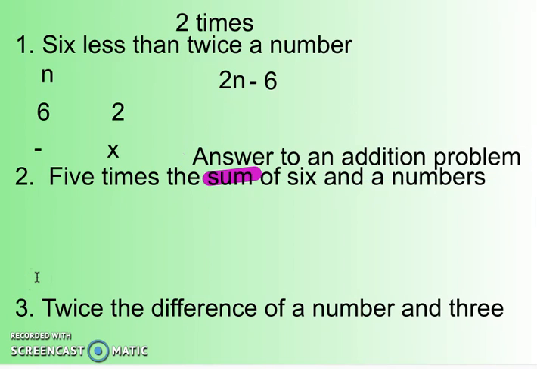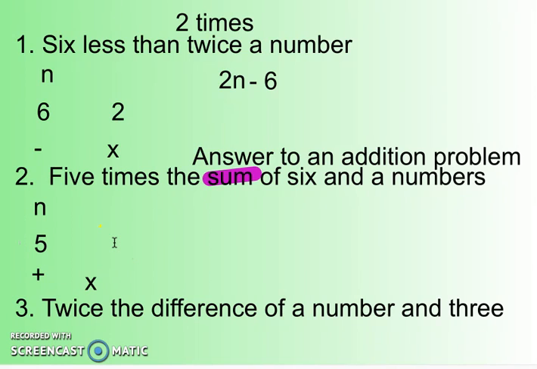First of all, we know that there's something missing. We have a number, and I'm just going to call it n again, because n for number. We know that it's going to have addition in it. Do you see any other operations? Yes, the word times. Times means, again, multiplication. How about the numbers in this problem? Yep, we have a 5 and we have a 6.